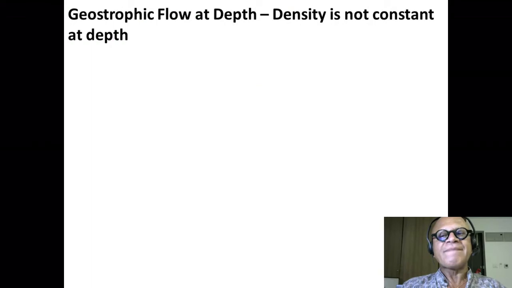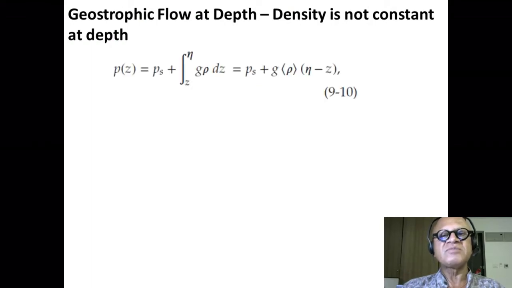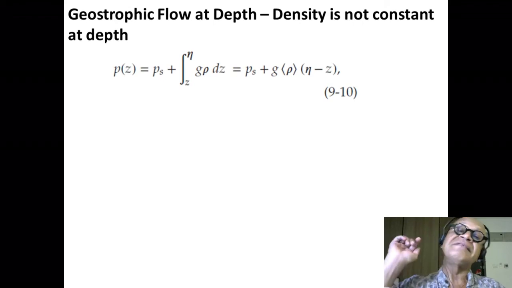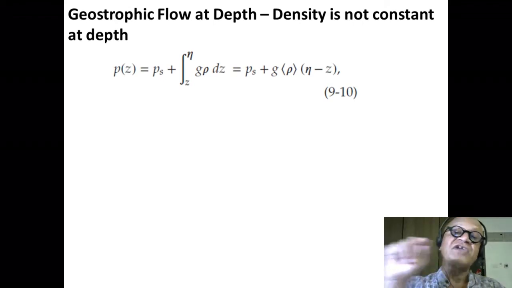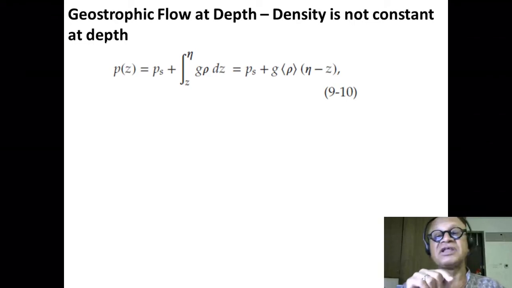Geostrophic flow at depth turns out to be critically dependent on density, because the approximation we made near the surface about ignoring variability of sigma cannot be done anymore. So we had derived this equation: p at the deeper level z was surface pressure plus this integral from z to eta of g rho dz, which we estimated as ps plus g times this water-column-weighted density times (eta minus z).